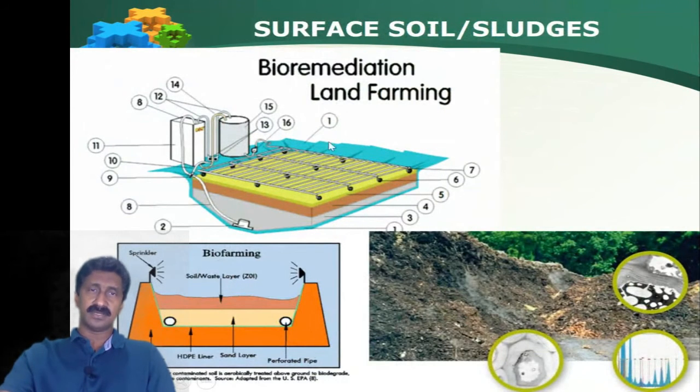This picture is a schematic representation of the different layers present. You can see that there is a clay layer at the bottom. Then there is a high density polyethylene (HDPE) lining, and that lining is done to prevent the leaching of soluble components, so that nothing from the leachate will drain into the soil, the subsurface waters, or even the aquifers.